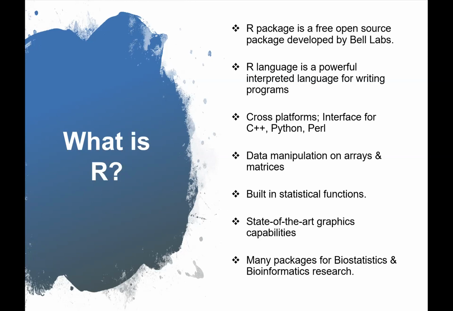Many times, like in a microarray experiment, the data are presented as a matrix, so we can use R to deal with that. R already has some built-in statistical functions, and the latest R functions are developed by the R community. We can install and use them.